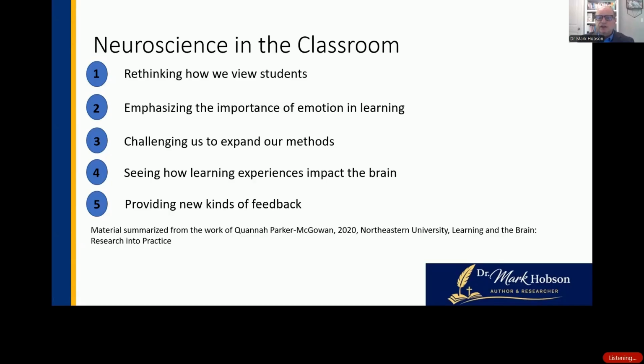Neuroscience's contribution to understanding how to enhance long-term memory provides insights that can help educators develop strategies that play to a learner's strengths. Emphasizing the importance of emotion and learning. Emotional experience shapes the brain tremendously.